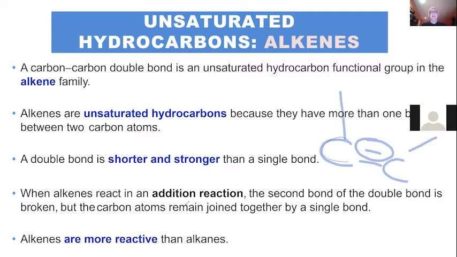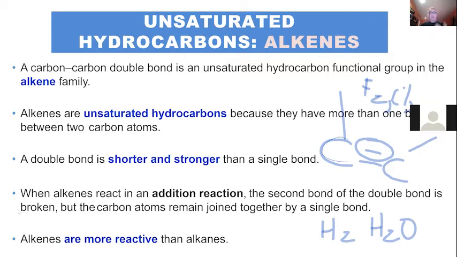We call that an addition reaction because we're adding things to where that double bond once was. Some of the things that are going to be adding to it are hydrogen, water, and a lot of the time fluorine, chlorine, etc.